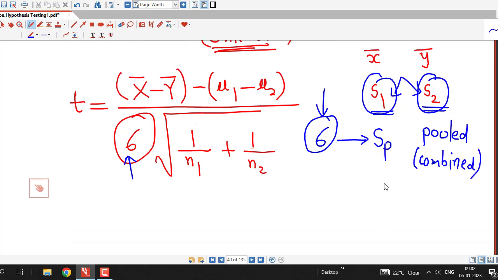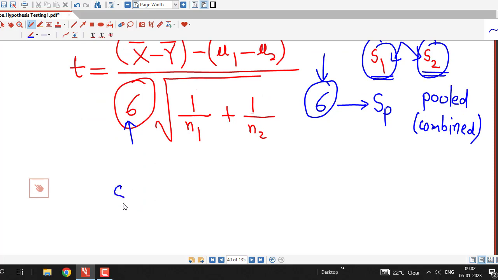So how do we write down the formula for this combined estimator? This S suffix P is called the pooled or combined estimator for population standard deviation, and if we square it, then it is called the pooled variance for this population variance.